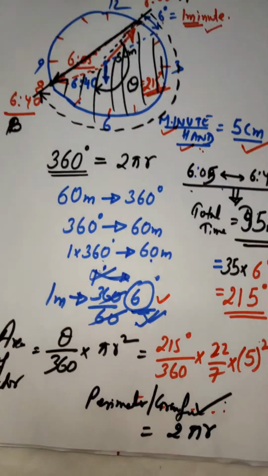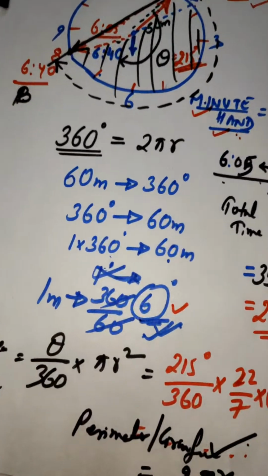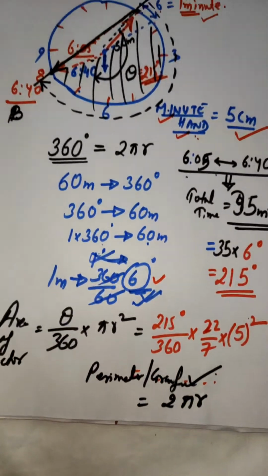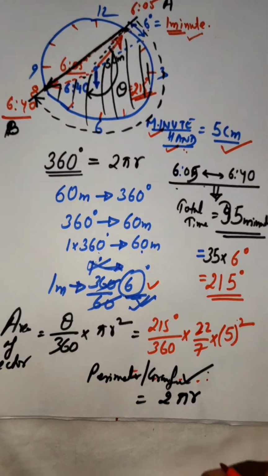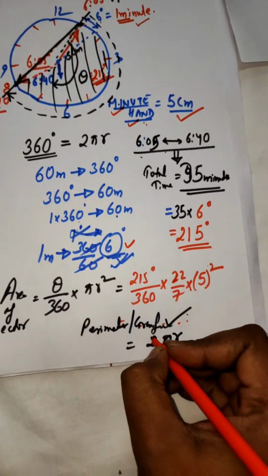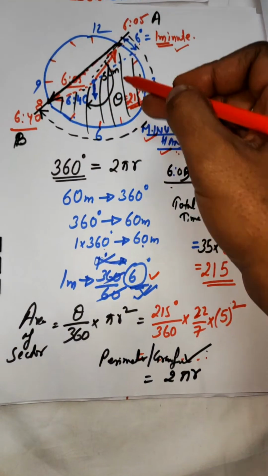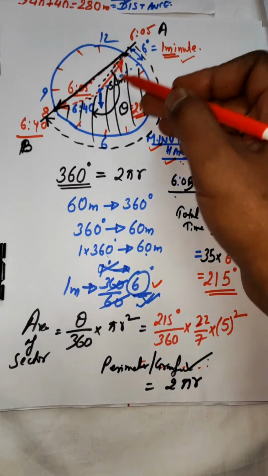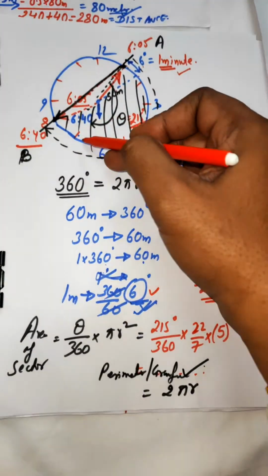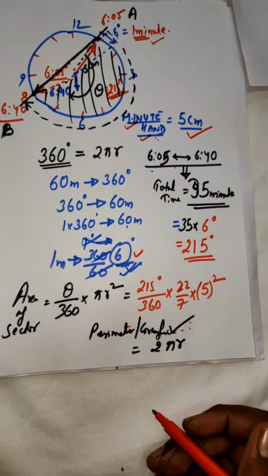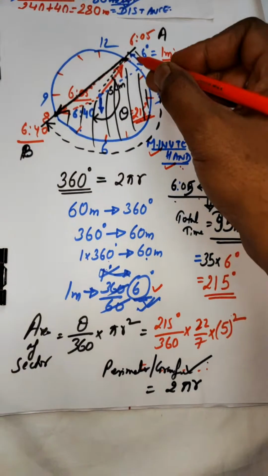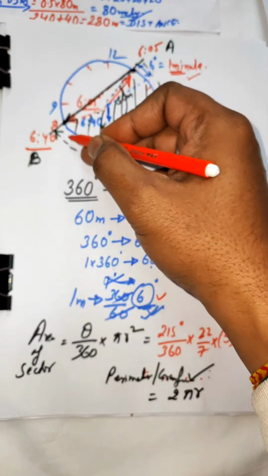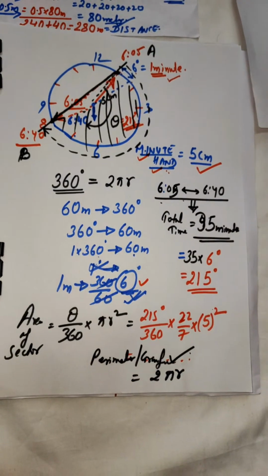So 2 pi r is the circumference. If 2 pi r is the circumference, when the minute hand started from A and reaches B, what is the distance covered? This part, the dotted line, you can see, is the distance which is covered.